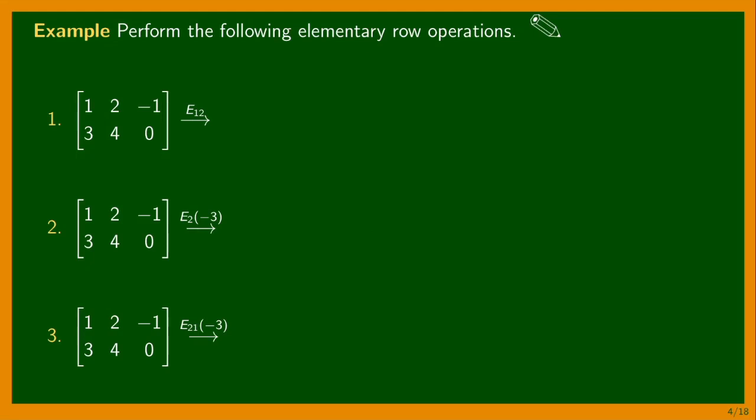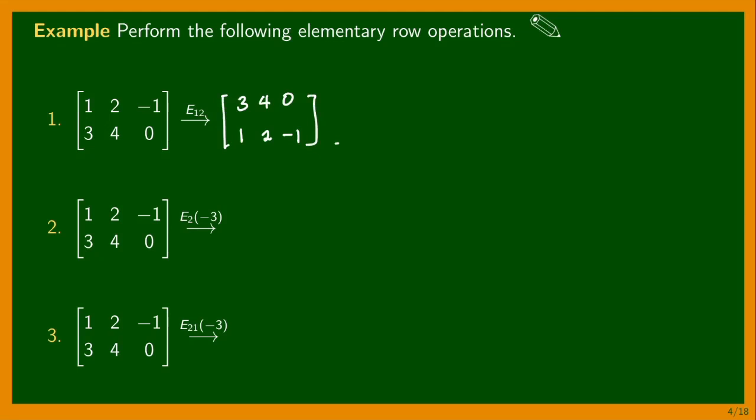Again, the symbol E12 represents a row swapping of the first row and the second row. So we simply swap the first row and the second row as follows. The second row will now be the first row, while the first row will now be the second row. And there we get the answer. So it's easy, right?